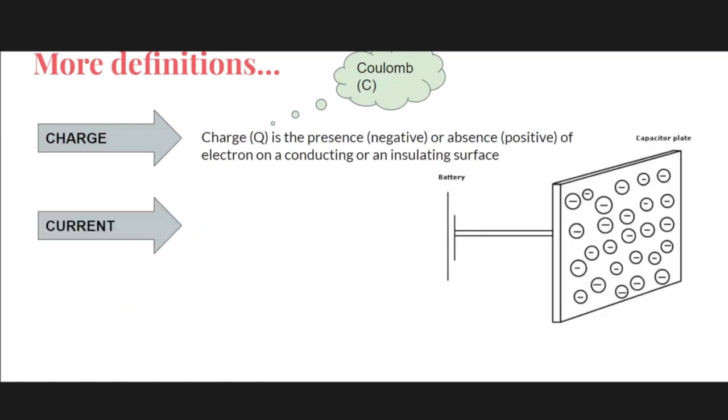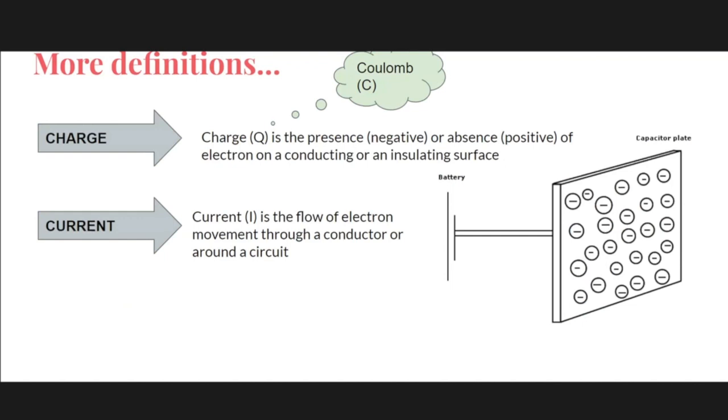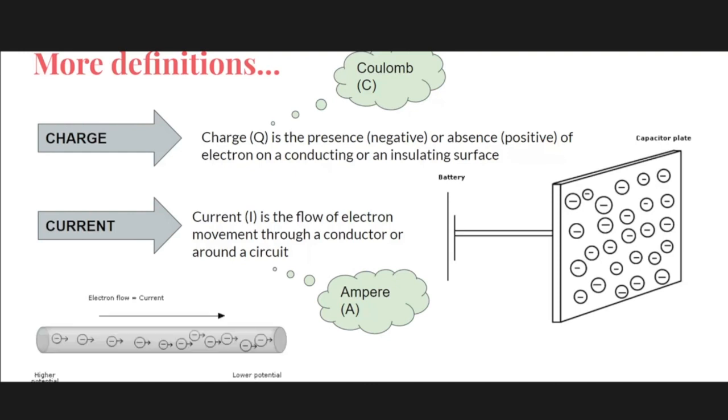And then current, in relation to charge, is the flow of electron movement through a conductor or around the surface. A good metaphor they often use is a water dam, whereby the water is the charge and the current is the flow of water. We will go through what voltage is in that metaphor in a second.